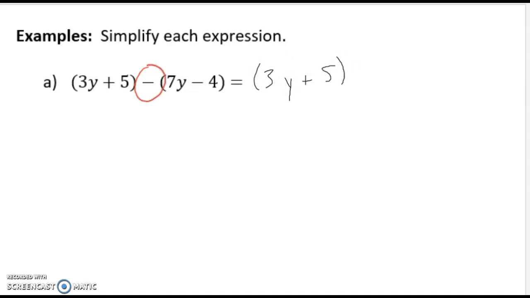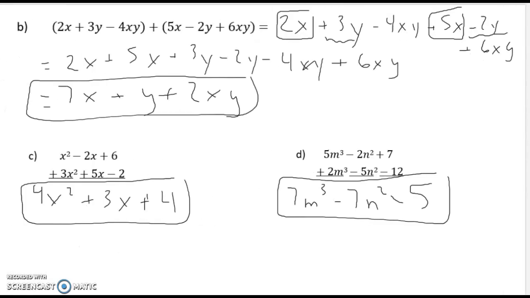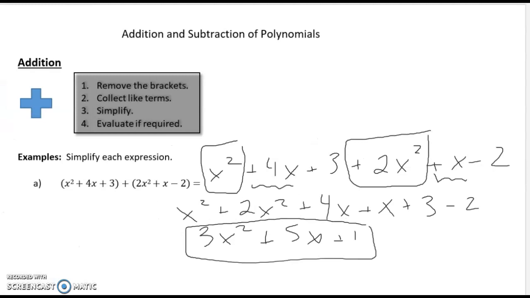And then instead of minus, I'm going to change it to positive. And then I'm going to rewrite this bracket. So a positive 7y is going to be a negative 7y. A negative 4 is going to turn to a positive 4. Now, this is the exact same as what we did back here, just rewriting it without the brackets.